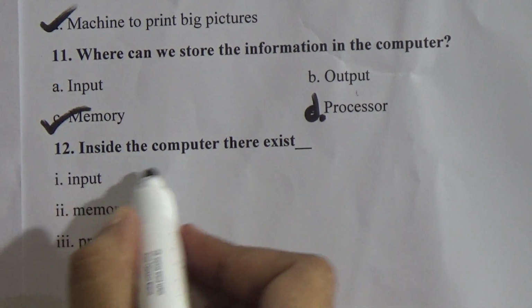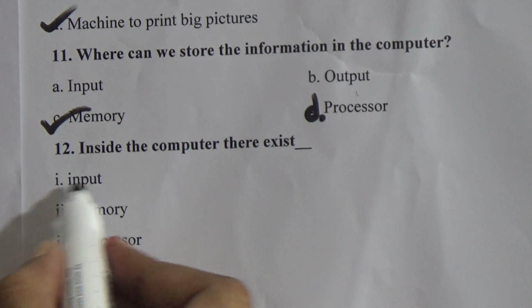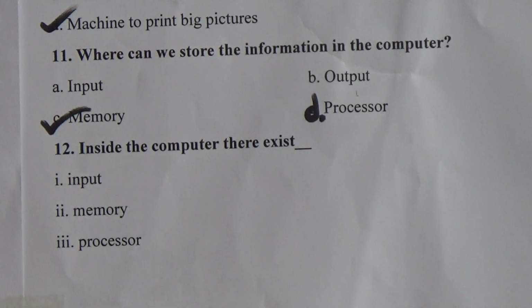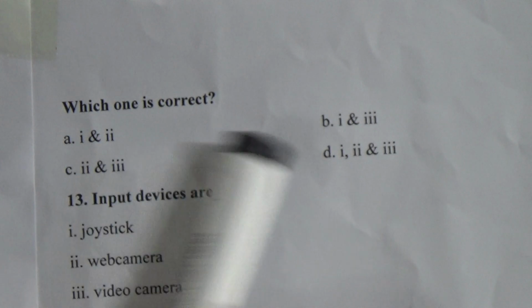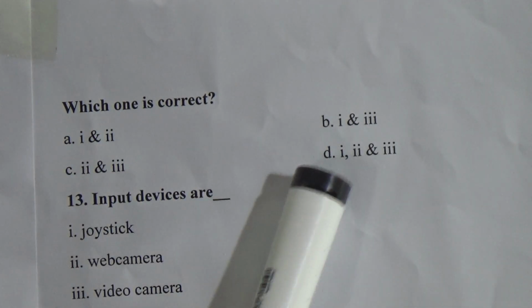Number 12, inside the computer there exists number 1 input, that means input device. Number 2 memory. Number 3 processor. Which one is correct? A 1 and 2, B 1 and 3, C 2 and 3 and D 1, 2 and 3.